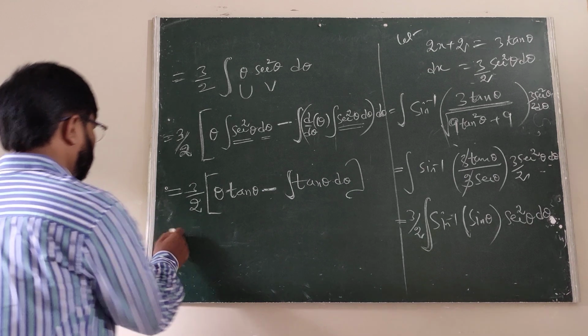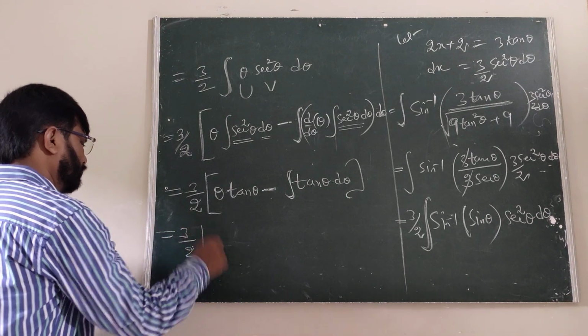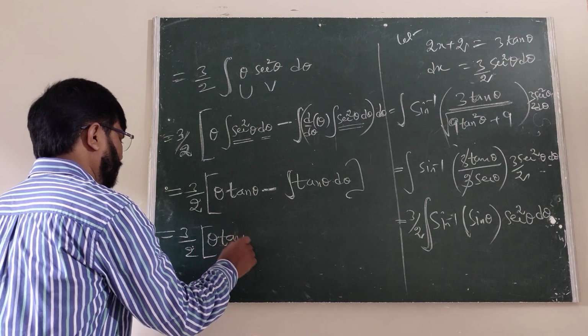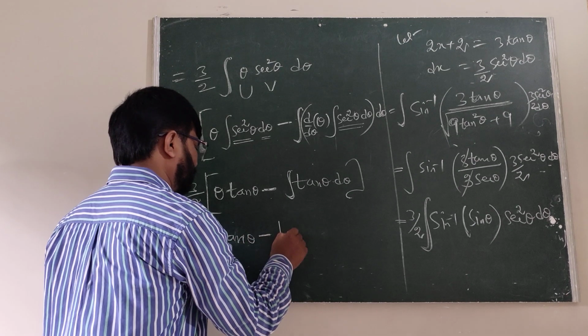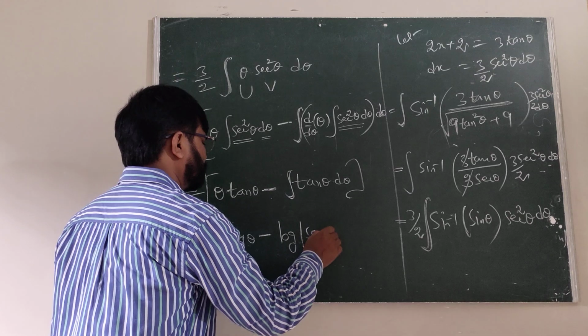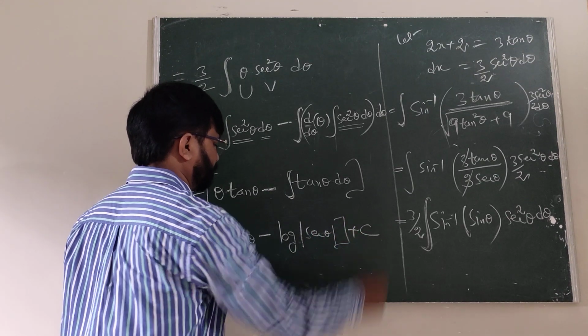Now this is 3 by 2 times theta tan theta minus integral of tan theta, which is log mod of secant theta, plus c.